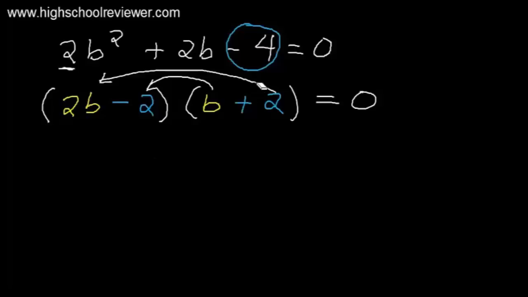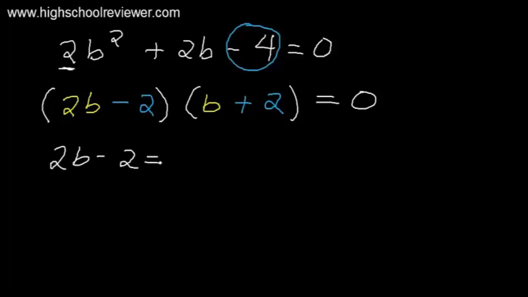So there will be two values for b, b sub 1 and b sub 2. Okay. So to find b sub 1, we will have here 2b minus 2 equals 0. And to find b sub 2, we have b plus 2 equals 0. So to solve for b, first we need to transpose negative 2 to the other side.